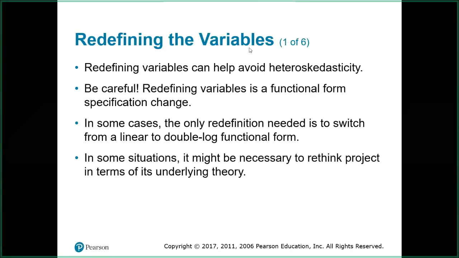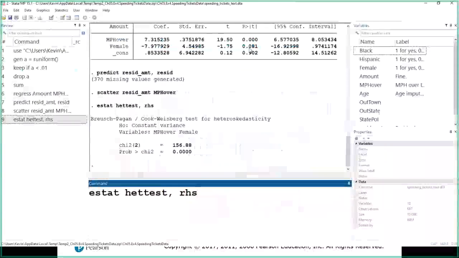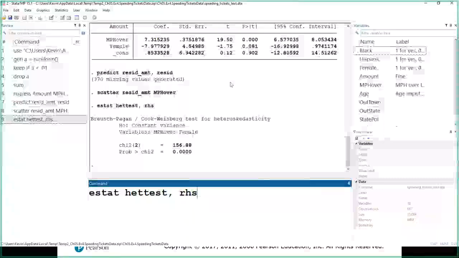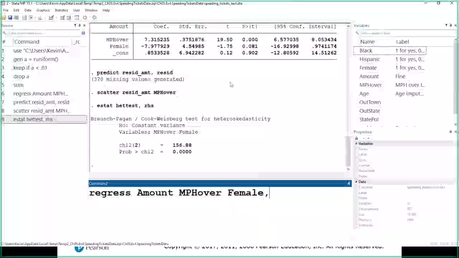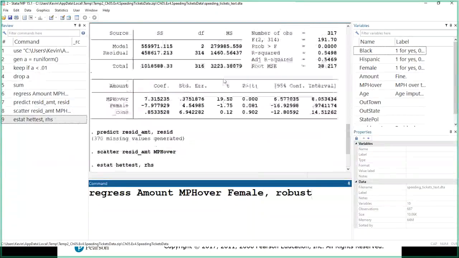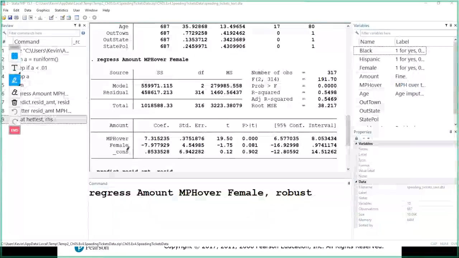Let's see an example of that in Stata first. So we're back at our speeding ticket data set. We've confirmed that there is heteroskedasticity both from the eyeball test and from the Bruce-Pagan test. Now I'm just going to write comma robust. And so what I'm expecting to see here is that there was clear evidence of heteroskedasticity in the miles per hour variable.